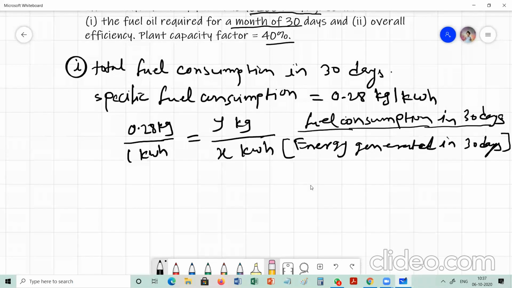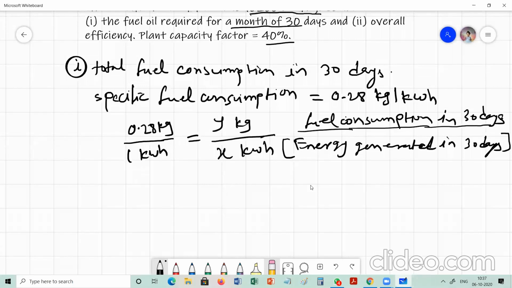And for that the information of plant capacity factor can be used. We will see. First we have to calculate the total plant capacity. Then we will use plant capacity factor to calculate energy generated.